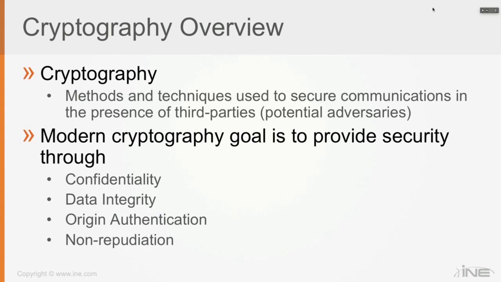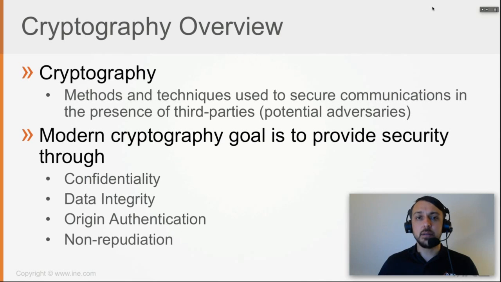In modern cryptography, the goal is to provide that kind of security through confidentiality, which, as you're going to see, mainly means encryption and decryption; through data integrity, which means making sure traffic is not modified, either in transit or at rest, without authorization. You wouldn't want somebody in the transit network to modify the data transparently as you send traffic from point A to point B between your sites, without you being aware of that.